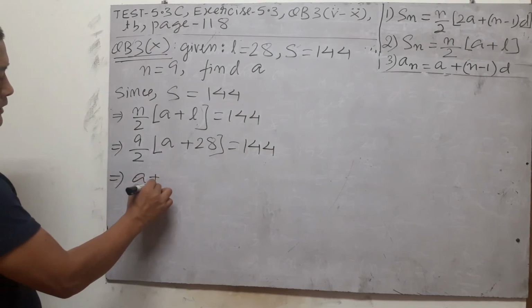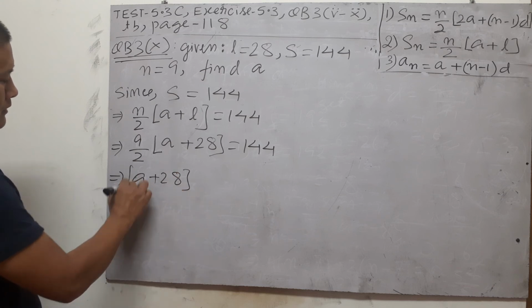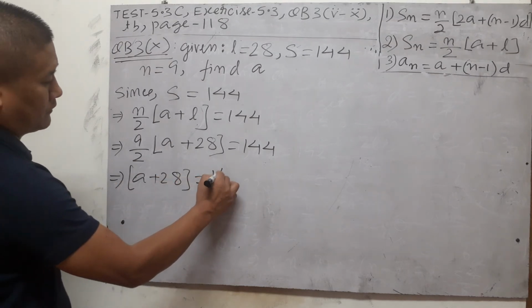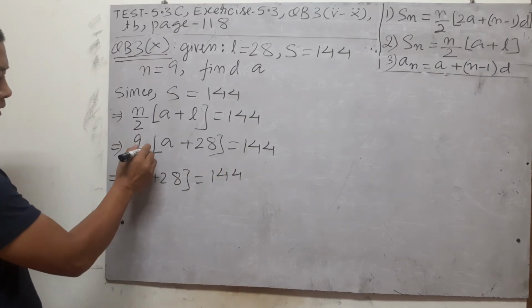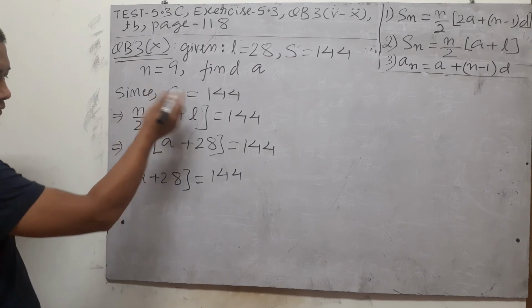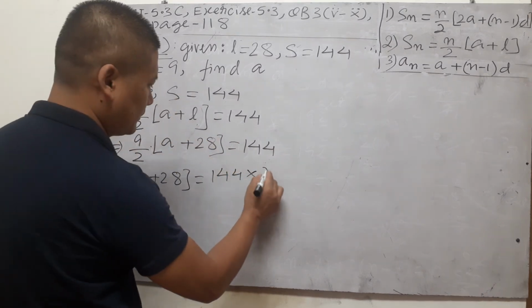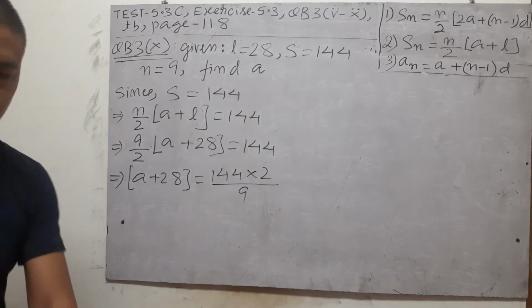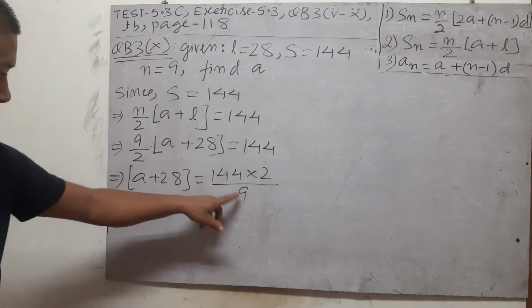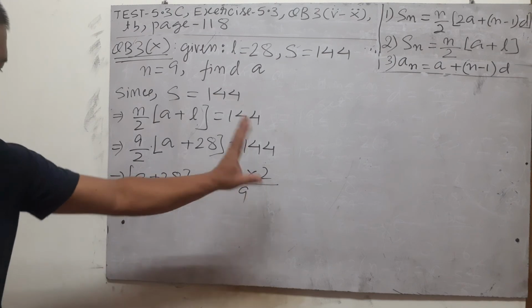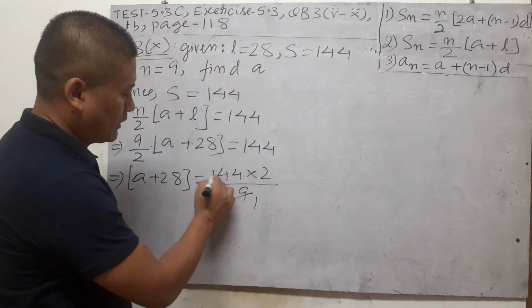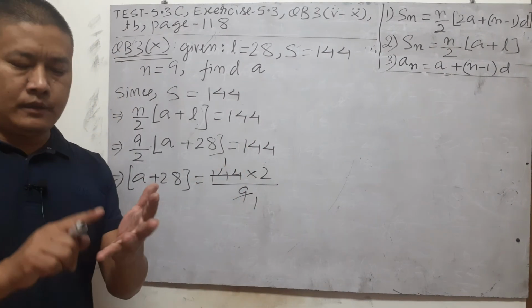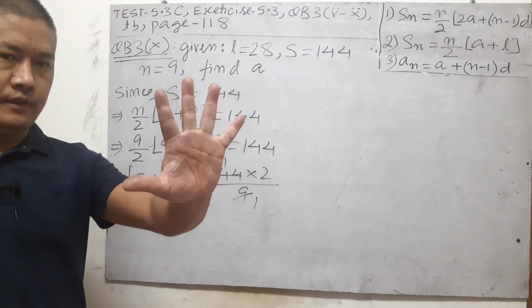So a plus 28, just keep it as it is, equals 144, and 9 by 2 shifted to the right side, the down 2 will go up, and the up 9 will come down. 9 ones are 9, 9 ones are 9, 10, 11, 12, 13, 14, 5 in n.